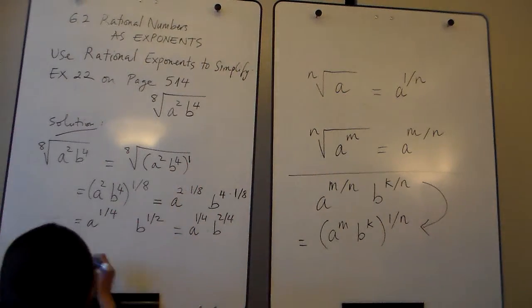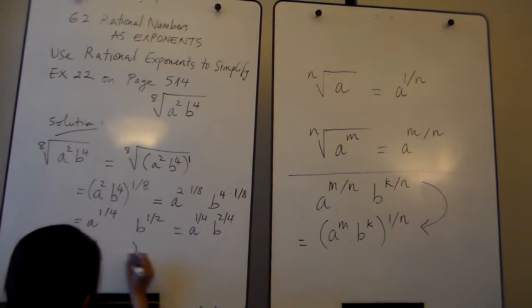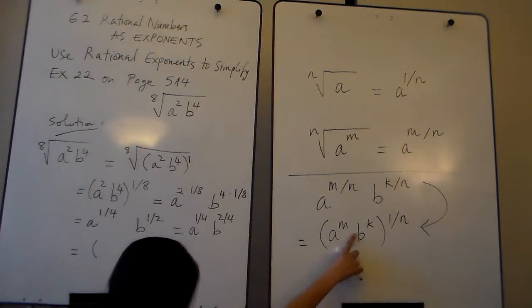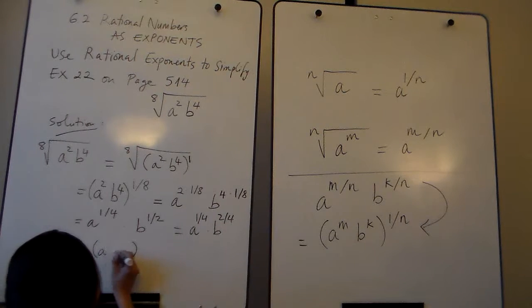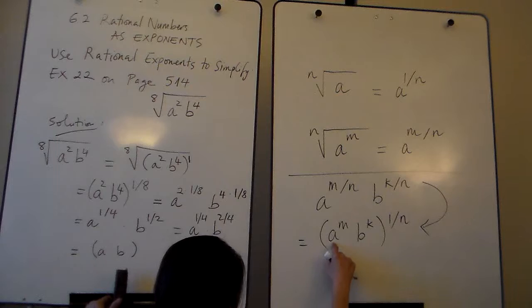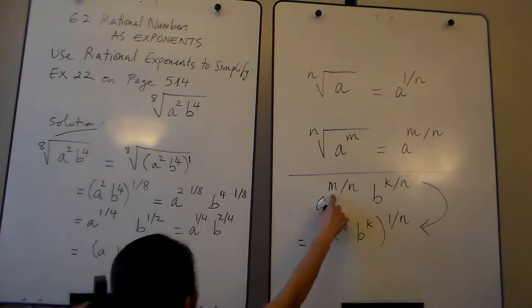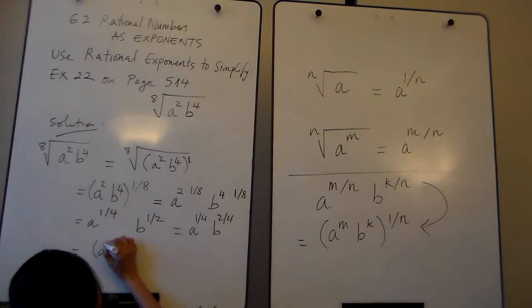So I would have A times B, with its exponents. So A here, B here. Now, for this A we have the exponent, which is the numerator right here, right? So what is the numerator right here for A, which is 1, right? We can put 1 here.